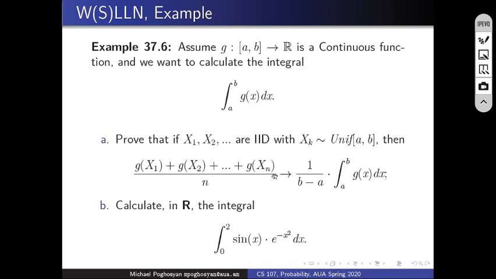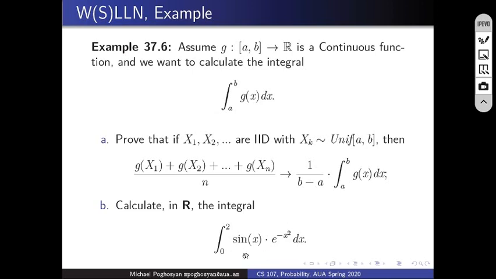Then this is tending almost surely, or in the probability sense; here I'm talking about almost sure convergence. So this is tending to this integral times 1 over b minus a. Let me prove that, and then calculate this integral in R. You can try by yourself.